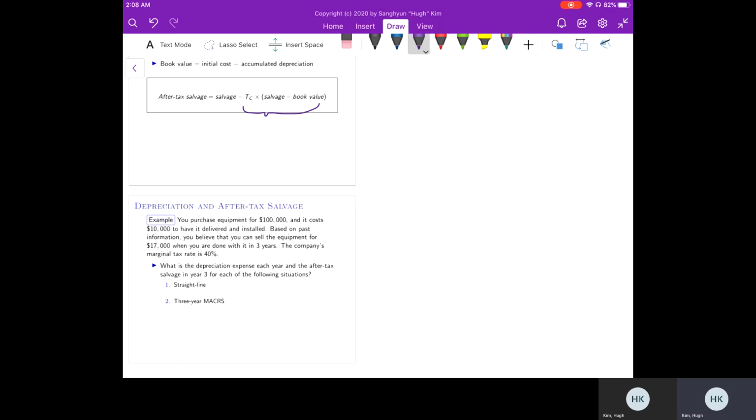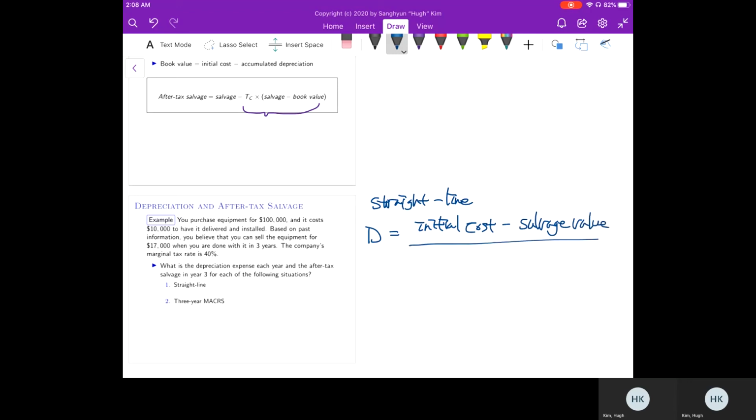Let's consider straight line depreciation first. Using straight line depreciation, the depreciation expense will be the initial cost minus salvage value, divided by the number of years.